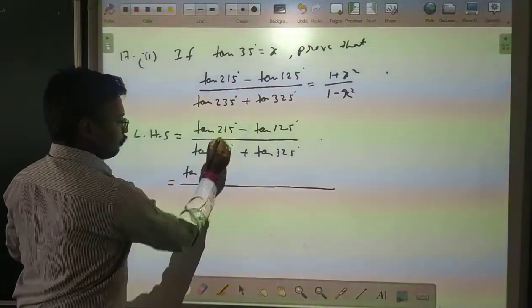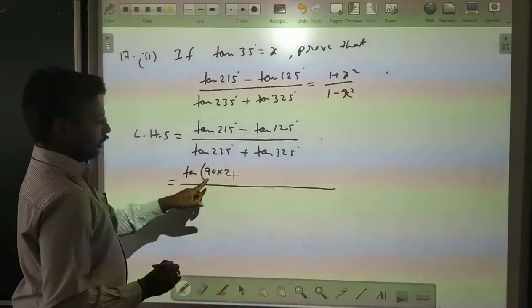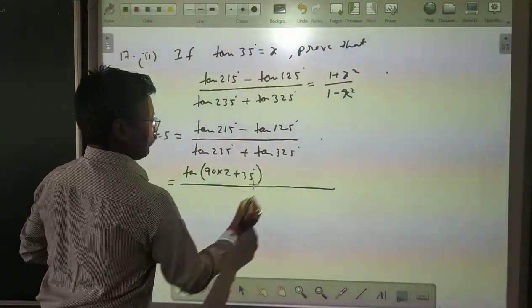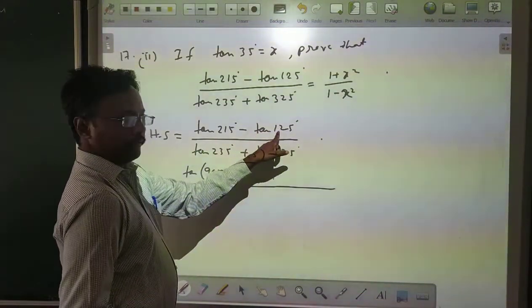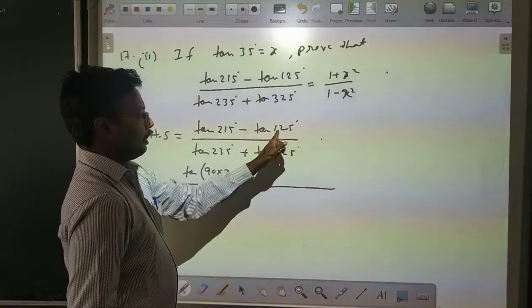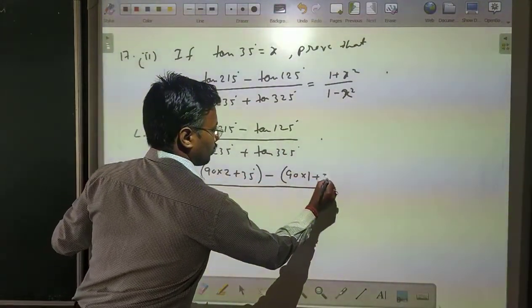So here in place of 215 degrees, we can write 90 into 2, that is 180, plus 35, minus, next we have tan 125 degrees, so it can be written as 90 plus 35. Okay, so it is 90 into 1 plus 35.